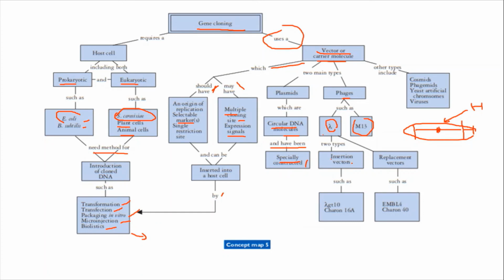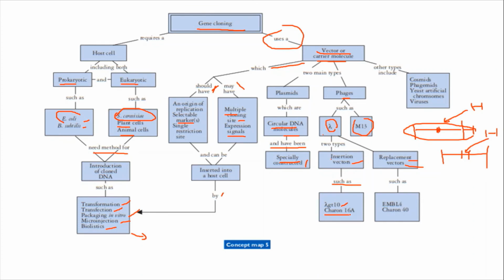Both are employed in lambda phage, for example lambda gt10 and Charon 68, which are insertion vectors. EMBL4 and Charon 40 are insertion or replacement vectors of lambda phage.